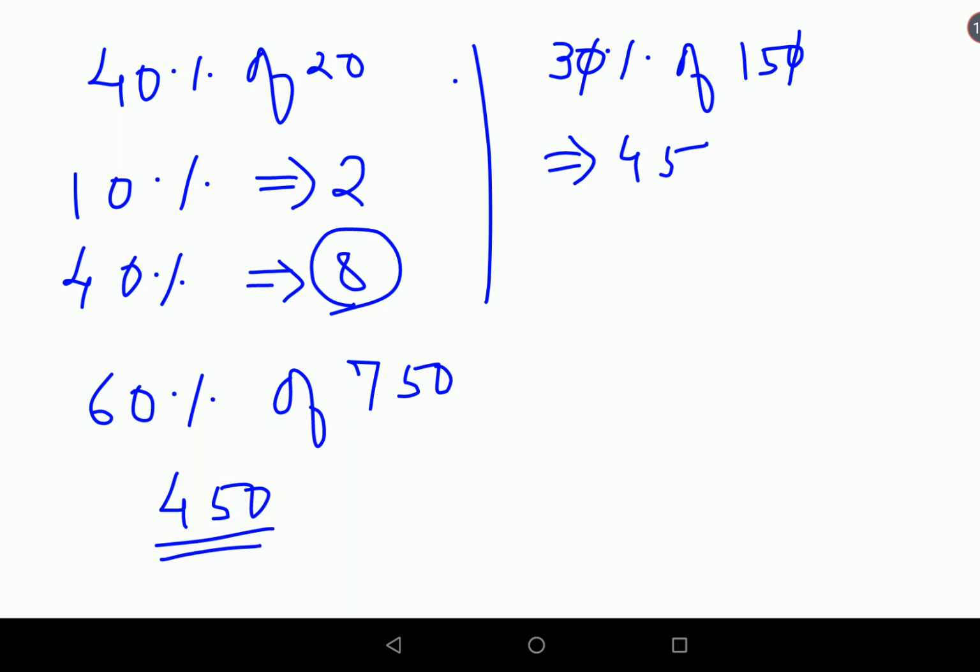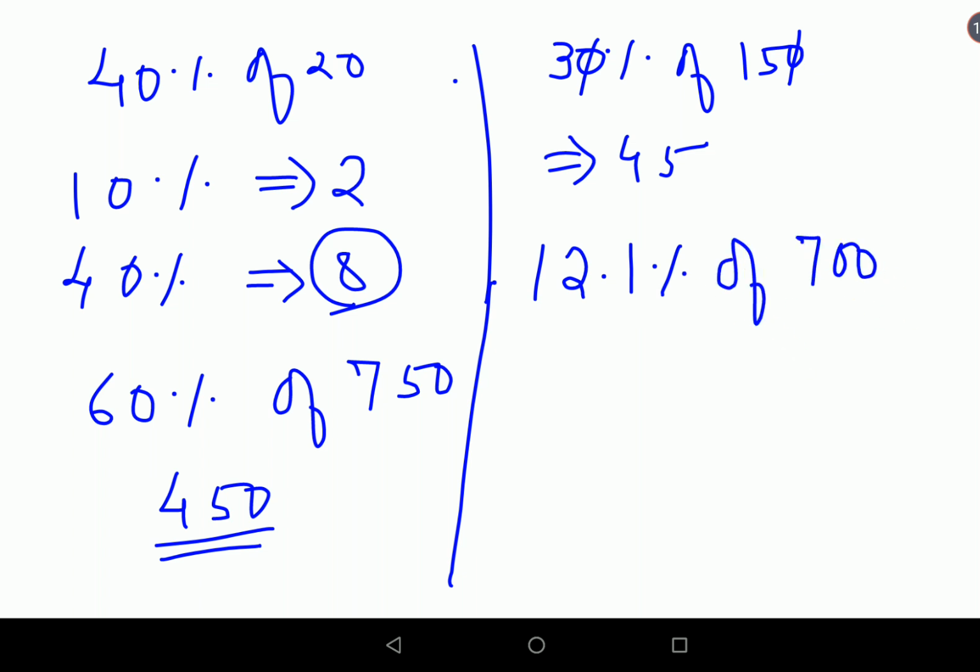Now let's say if we had to find 12.1% of 700. Again, what we would have done is, 1% is just 7. So 0.1% would be 0.7.